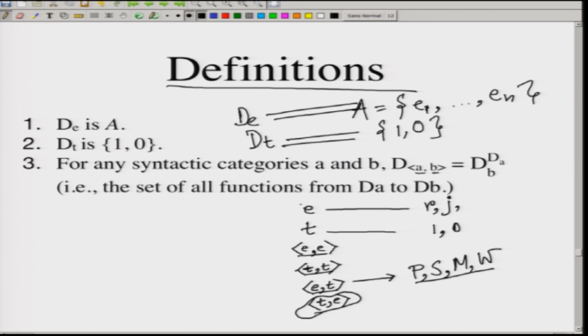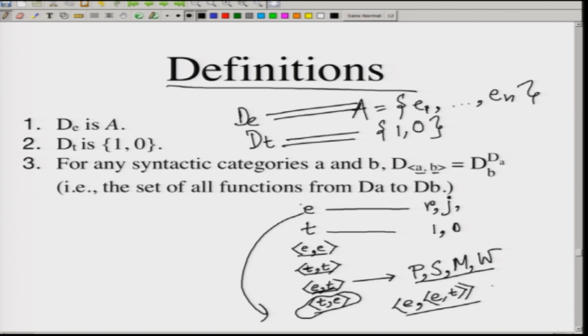We go to a slightly higher level, we can have, we take E from here because E is a type and also E to T is a type. We can construct E to T. Is there any counterpart for this in the ordinary language? Yes, there is one. Not there is one, there are huge. There is a huge number of such things. For example, any 2 place predicate would belong to this.